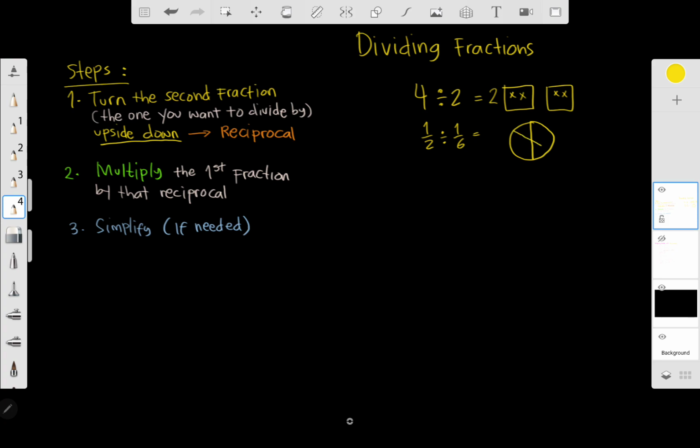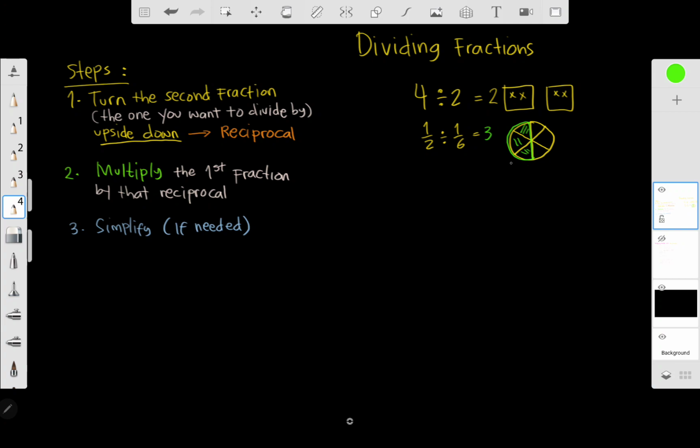So I'm gonna make a 1/6 here. Now you can see the 1/6, and this one is the half, right? And then how many 1/6 are there? 1, 2, 3. So there are 3 one-sixths in there. So a half divided by 1/6 is going to be 3.